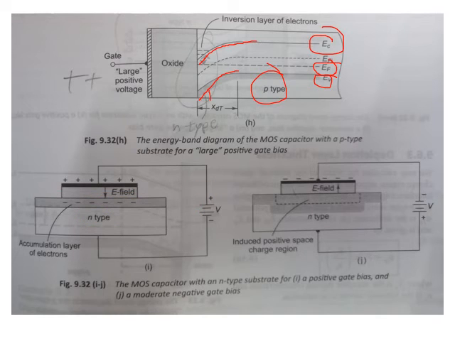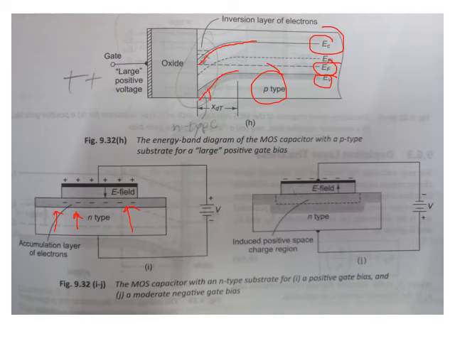Right. So they will be attracted. Why will they be attracted? Because positive potential is there, so because of that electric field the electrons will be attracted, correct? Now what will the direction of the electric field be, downwards or upwards?